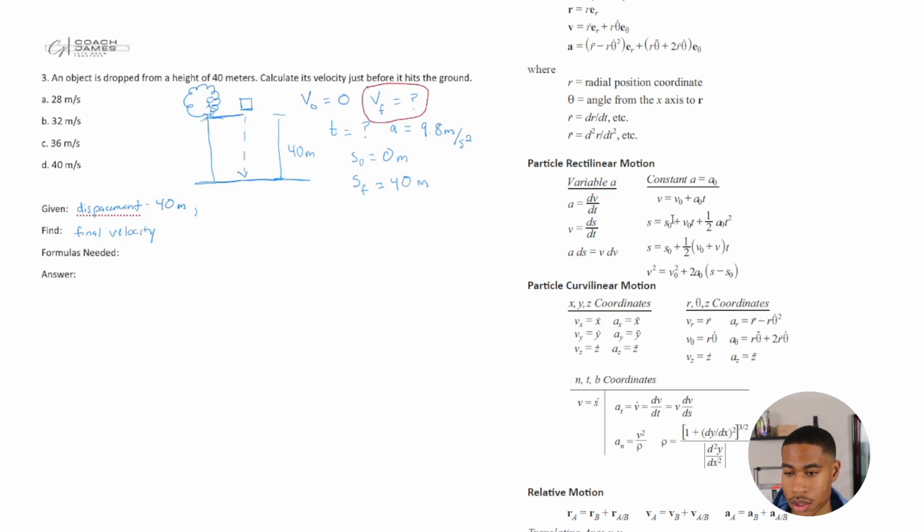If you chose to solve it with that equation, great, but you'll find it gives you time. From there, you'd have to put time into another equation to get your final velocity, when you didn't have to do that. You could have chosen the one that gives you your answer on the first step. This is very important for proper time management.